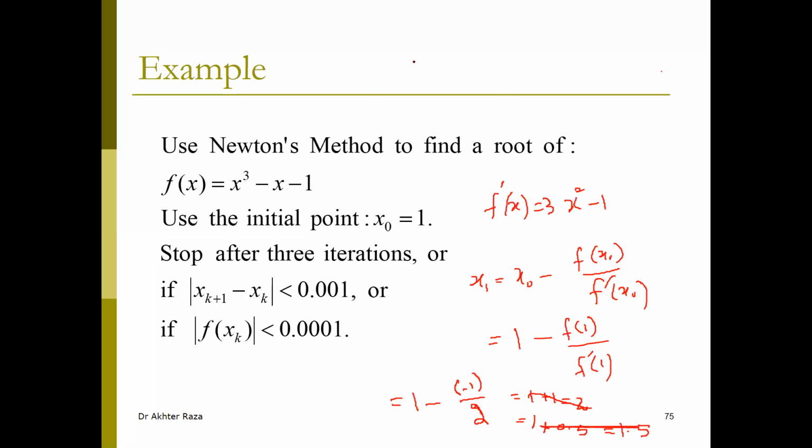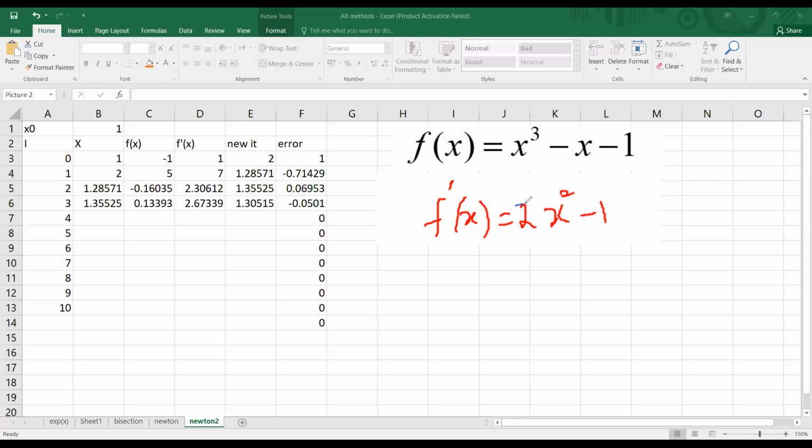And in the Excel file, there is a correction: 3x square minus 1. And 3x square minus 1, we have to update this formula here.